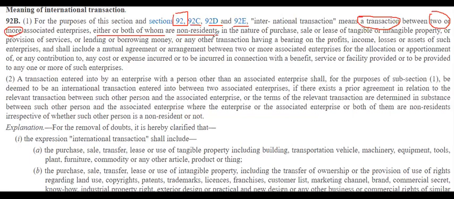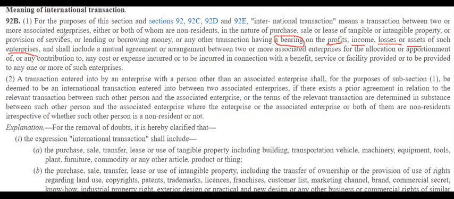So international transaction is a transaction in the nature of purchase, sale, lease of tangible or intangible property, or provision of service, or lending or borrowing of money, or any other transaction which has bearing on profit, income, losses, assets of such enterprise.